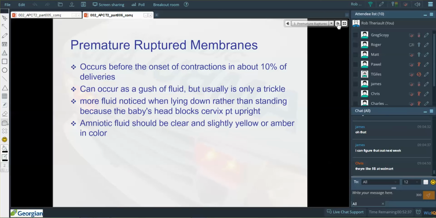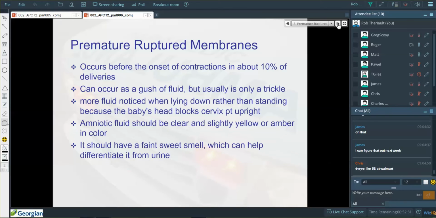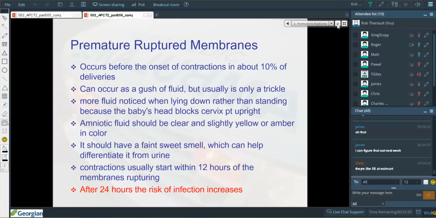And the amniotic fluid should appear clear or slightly yellowish or amber color. It should have a faint sweet smell, which can help differentiate it from urine. Contractions usually start within 12 hours of the membranes rupturing. After 24 hours, there's a greater risk of infection to the baby.